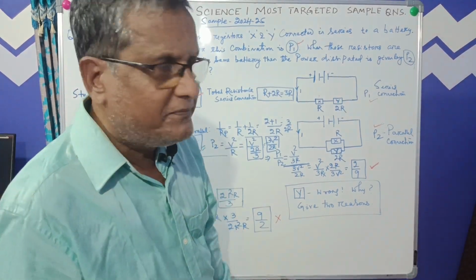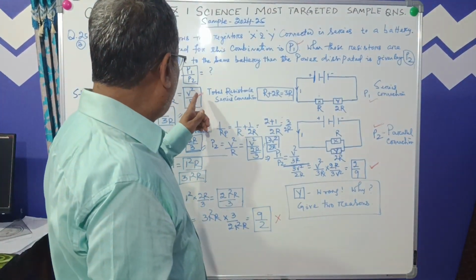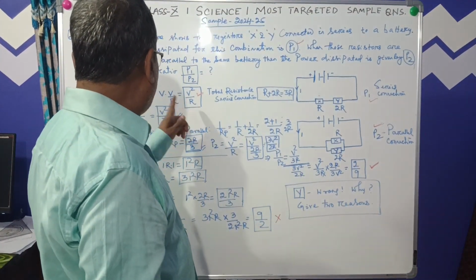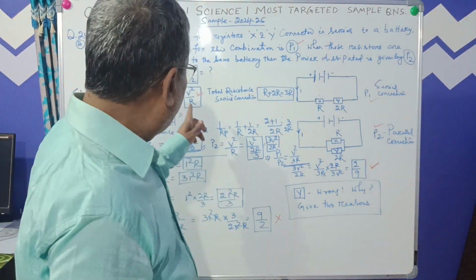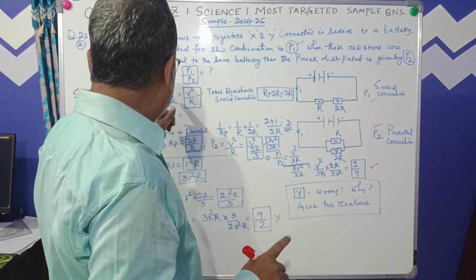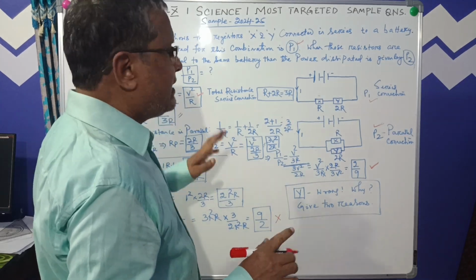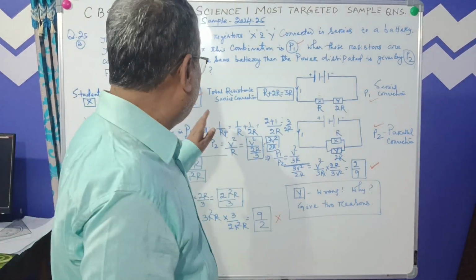Substituting I equal to V by R, we get V square by R. This formula is derived and given in your textbook.